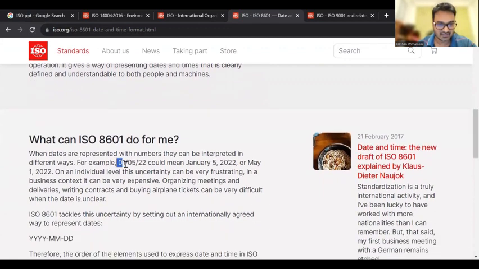Some organizations write the date and time format like 1.5.22, and some write January 5th 2022 or May 1st 2022.